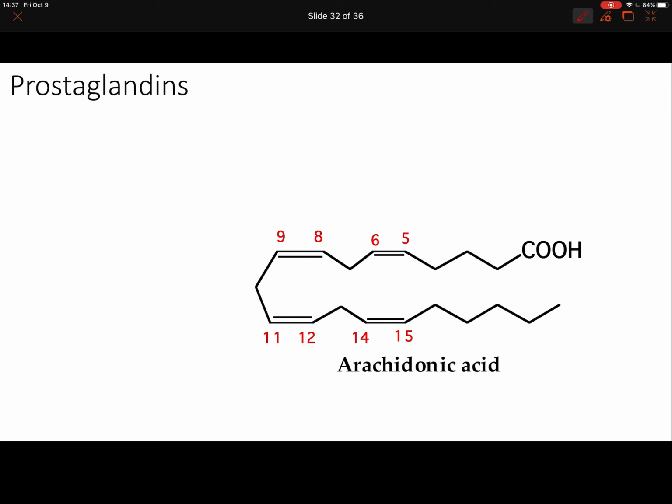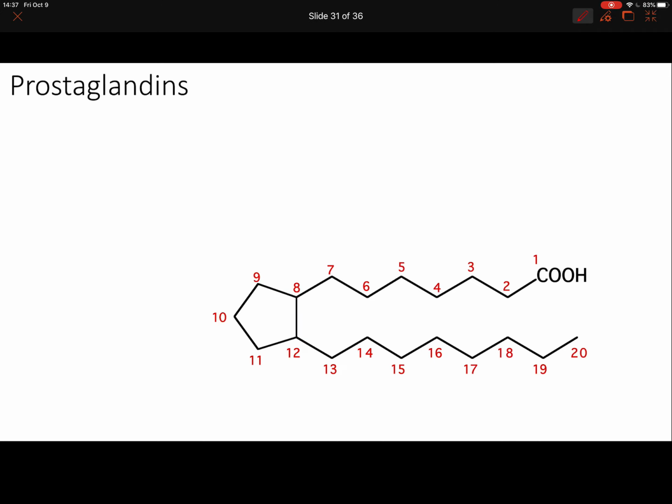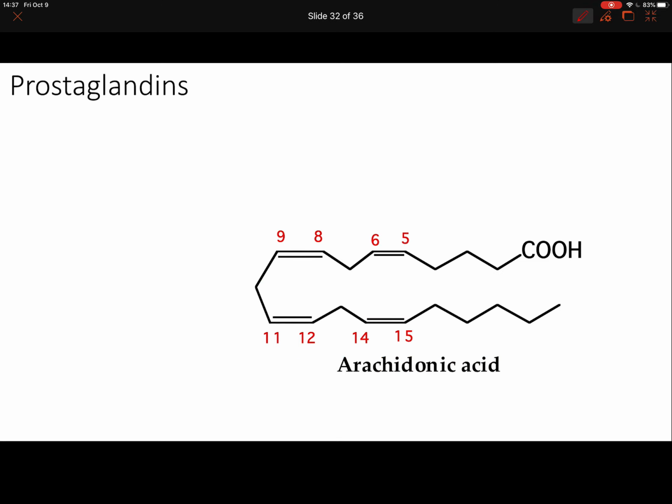But again, prostaglandins, these aren't stored in the tissues as this guy. They are stored as arachidonic acid. They're synthesized from polyunsaturated fatty acids in response to specific physiological triggers, and so one of the ones that gets formed is this arachidonic acid.